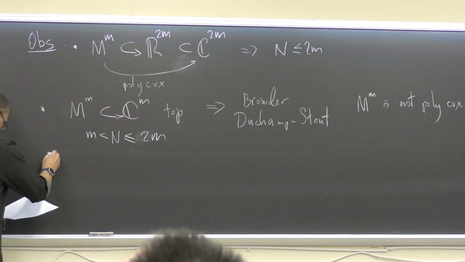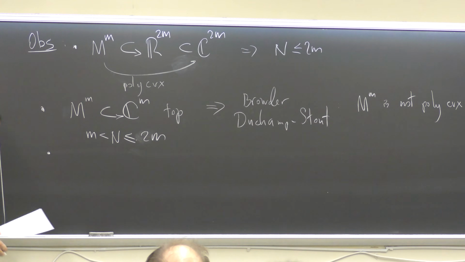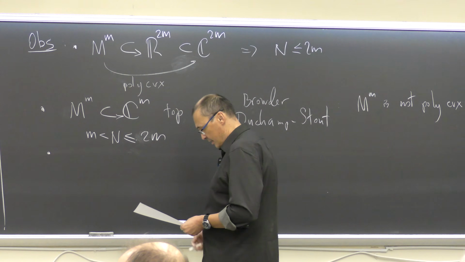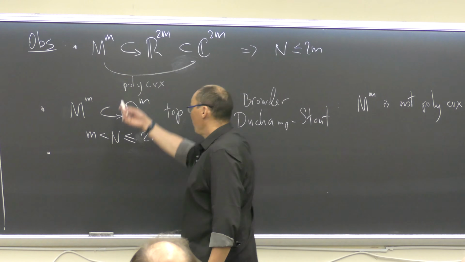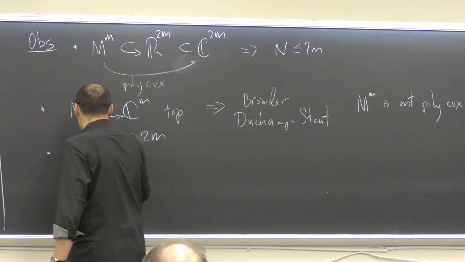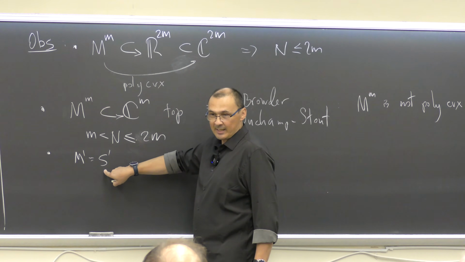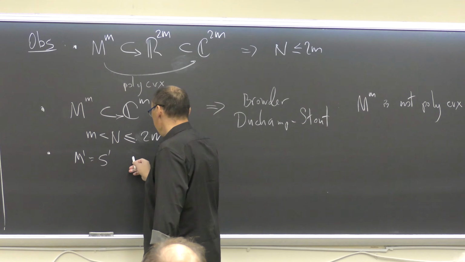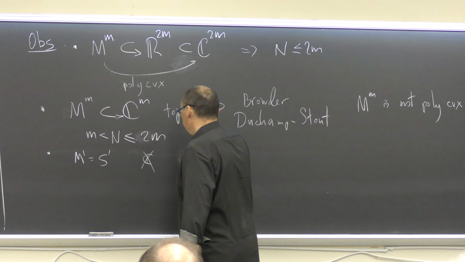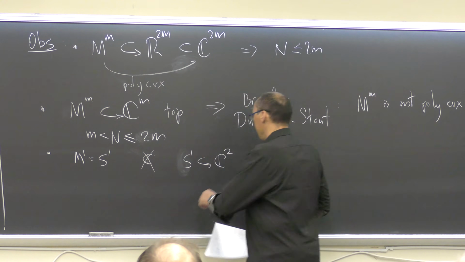So for concrete examples, let's just take m equal 1. So this is just the circle. Then we know that a circle cannot be polynomially convex in C. So C is not good, but you can find a polynomially convex embedding of S1 into C2.